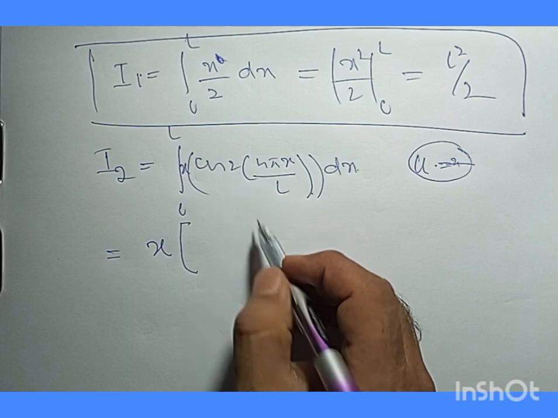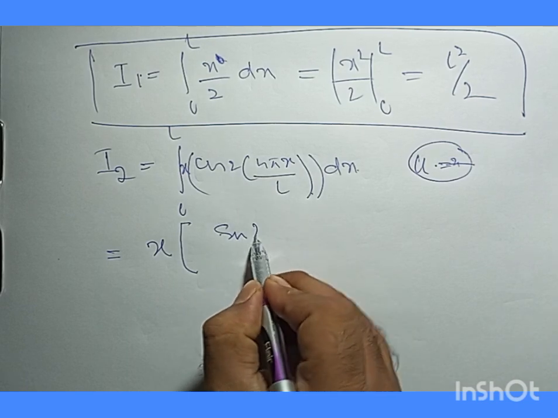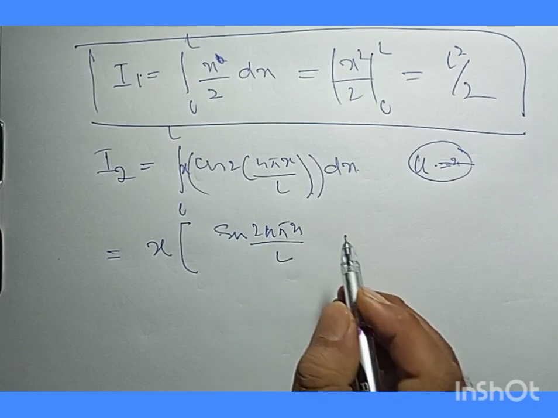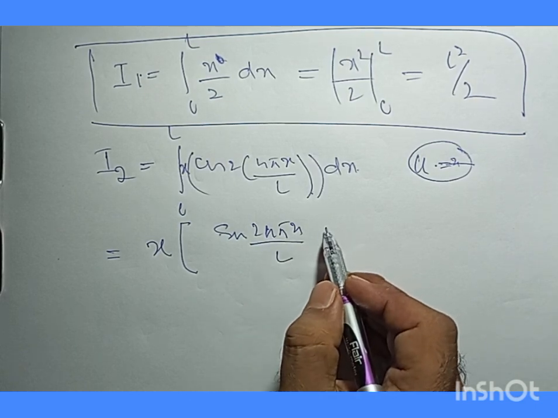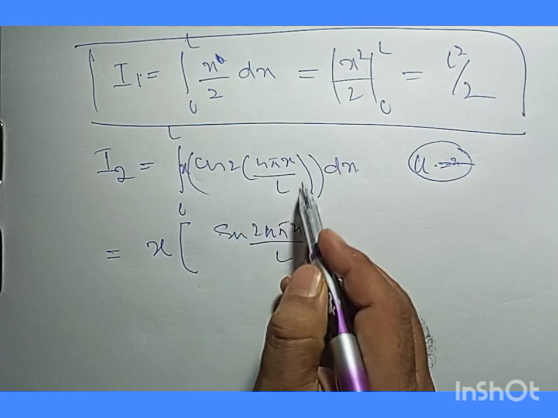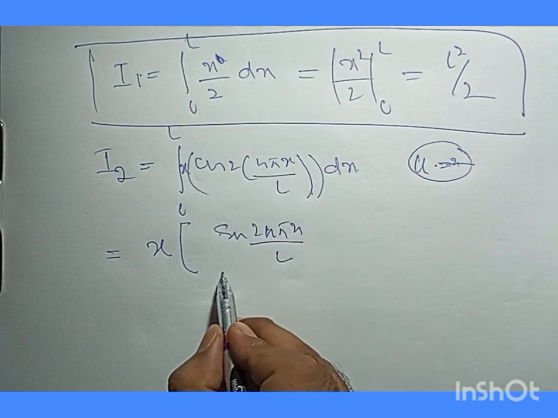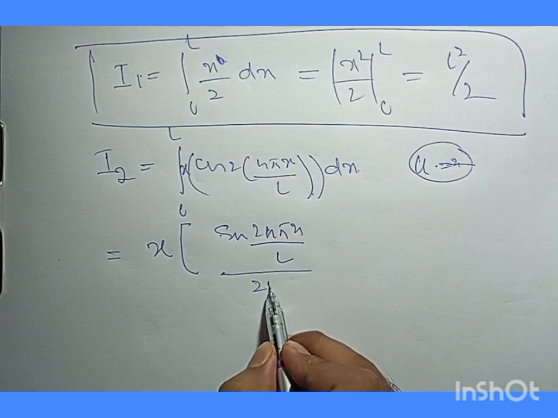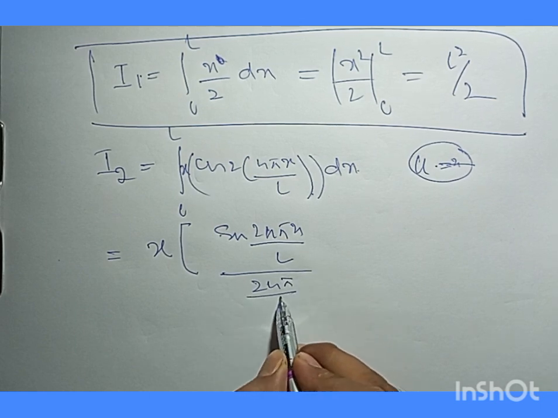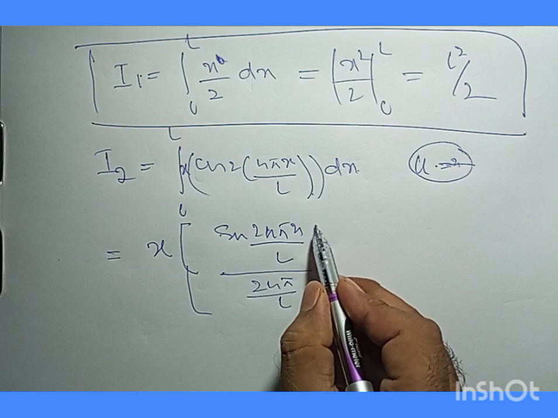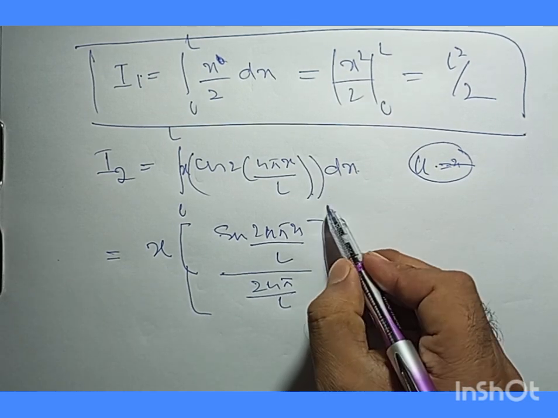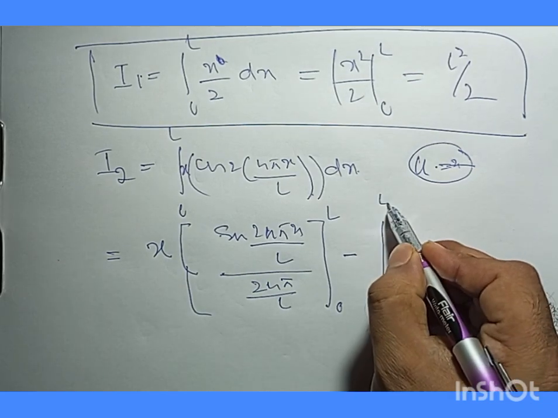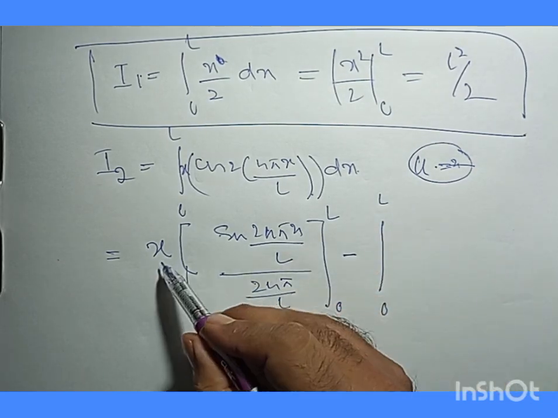The integration of cos will simply give me sine of 2 n pi x by L, and then divided by the internal derivative of this angle, and what will that be? That will be 2 n pi by L, and the limit of this integration is from 0 to L. Then minus, we will have the integral from 0 to L, the differentiation of x.